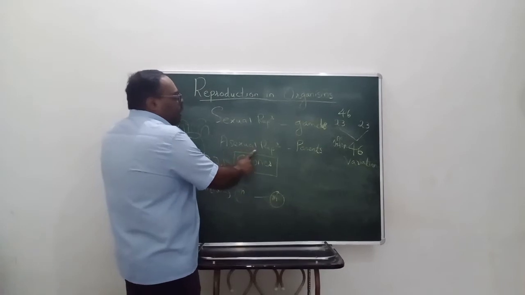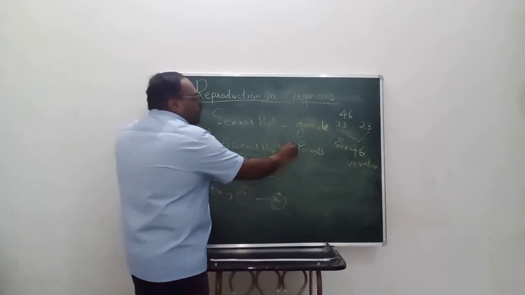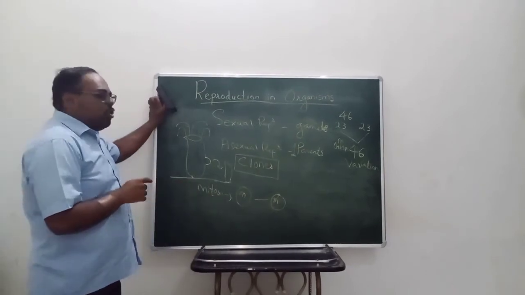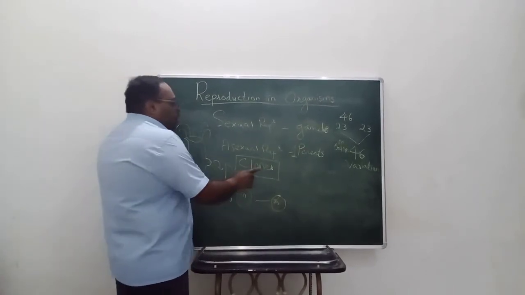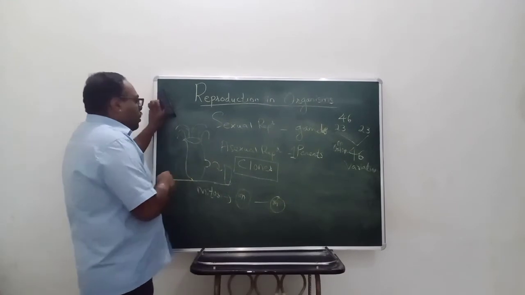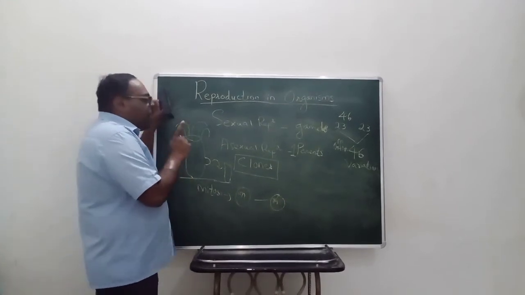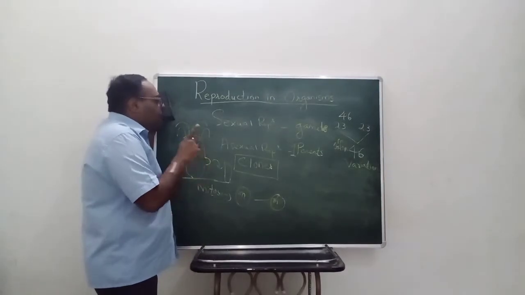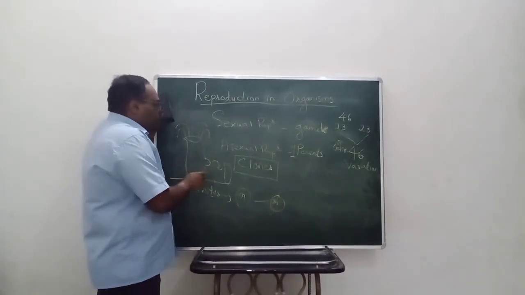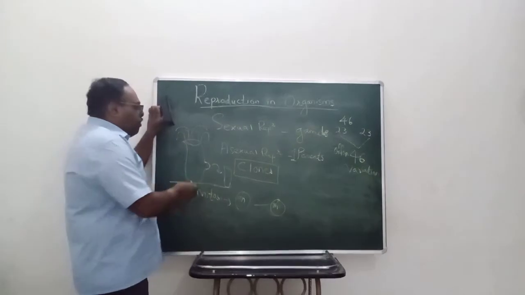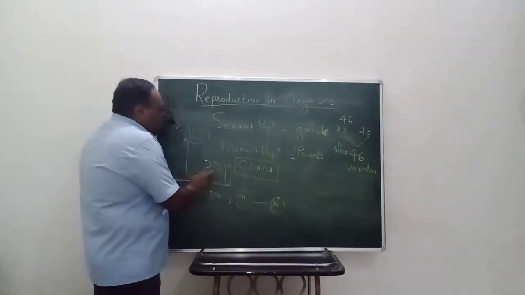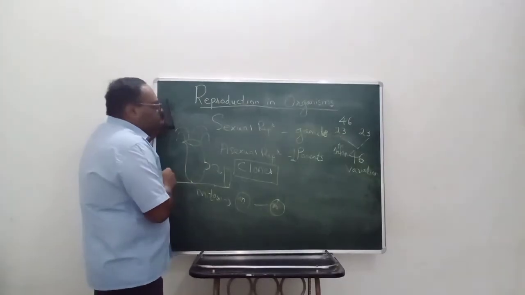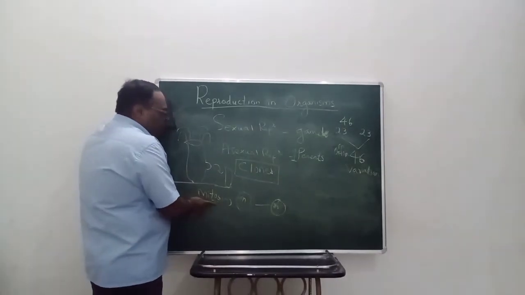In asexual reproduction, only one parent, that is a single parent, gives rise to the offspring. That offspring can be called a clone, because that particular offspring will be genetically and morphologically similar to the parent itself. An example is hydra, and the process taking place in this asexual reproduction is mitosis.